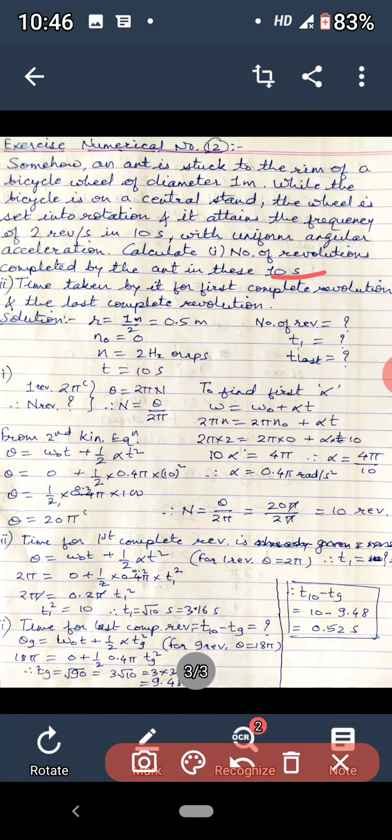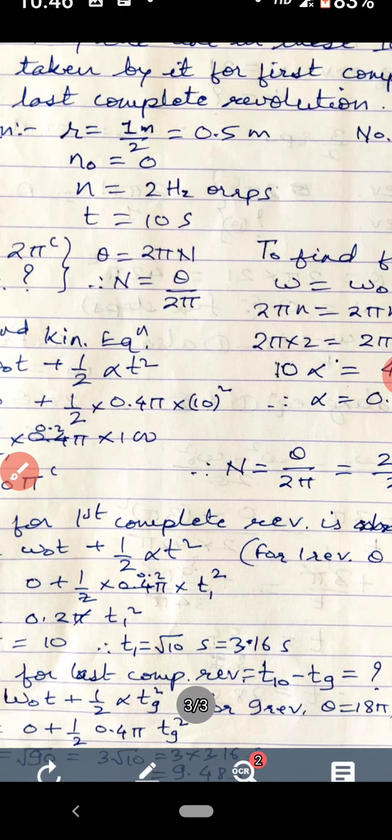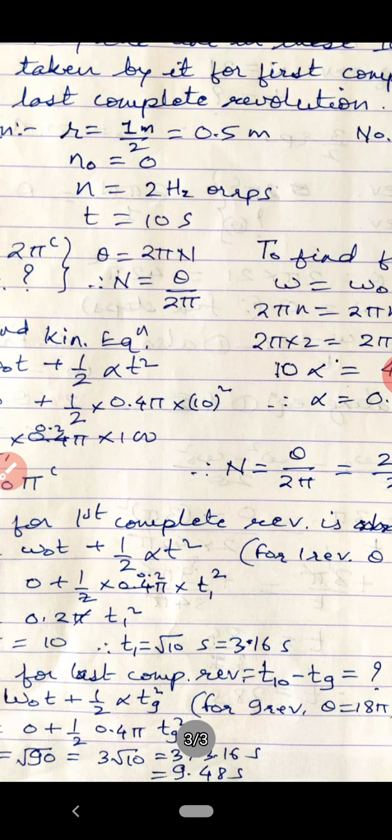So t10 is given, and we have to find the time for the 9th revolution, and after that we do t10 minus t9 and we get the final answer. So let us find the time for the 9th revolution. How is it to be measured? For that purpose, let us use this kinematical equation.